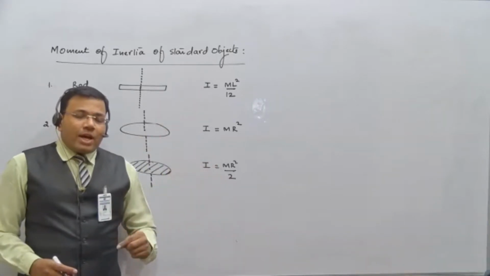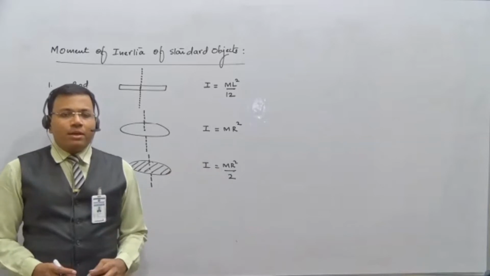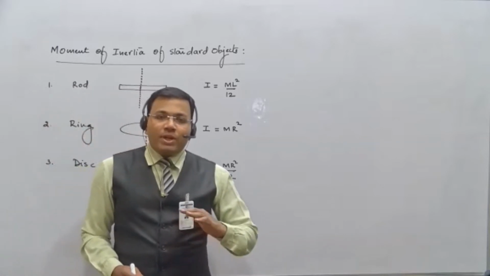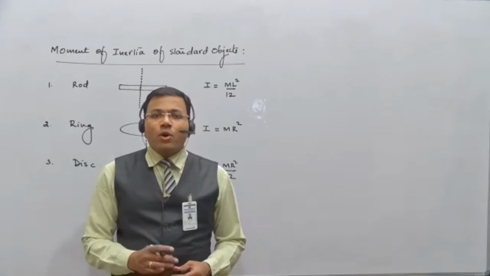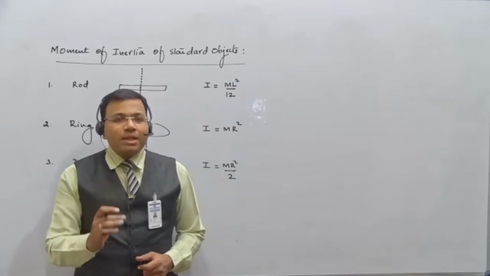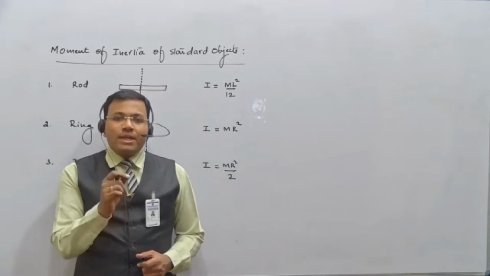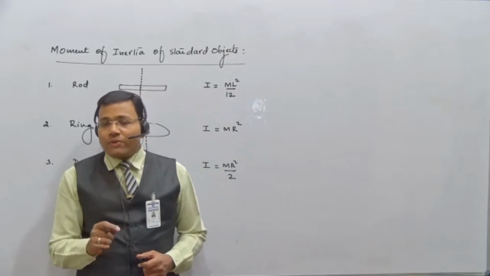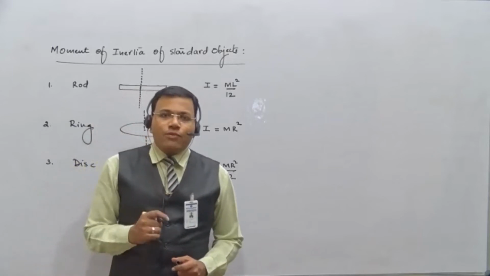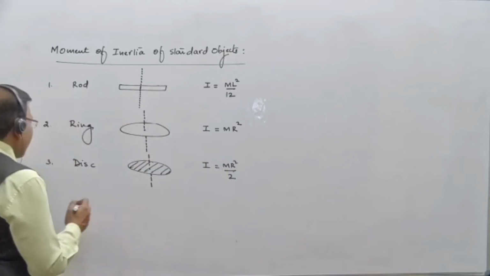But if I ask you what is the moment of inertia of a cylinder, you have to imagine whether that cylinder is a hollow cylinder or a solid cylinder. If I just say the word cylinder, that is incomplete. So you should know what is being asked in the question, whether it is a solid cylinder or a hollow cylinder. Look carefully, beta.